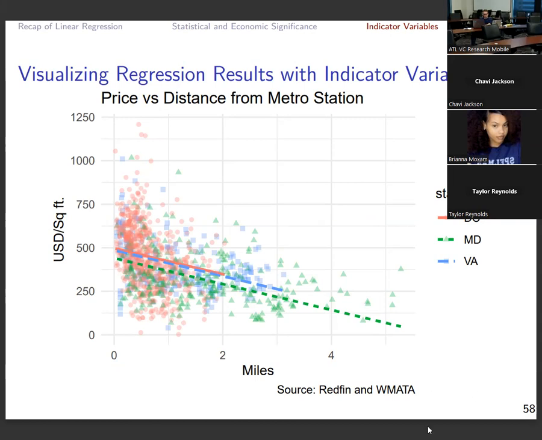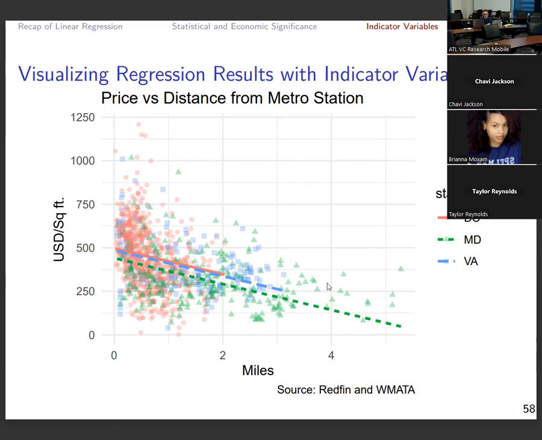So here's another way of looking at it. What do you think is causing the intercept for Maryland to be lower than that in DC and Virginia? What in my data causes me to think that that's going on?